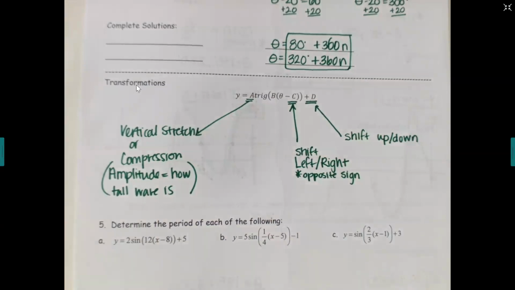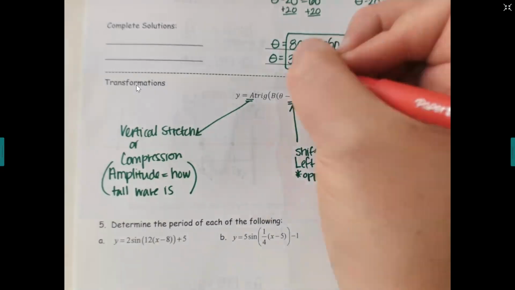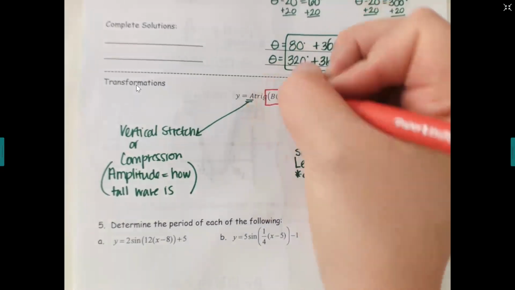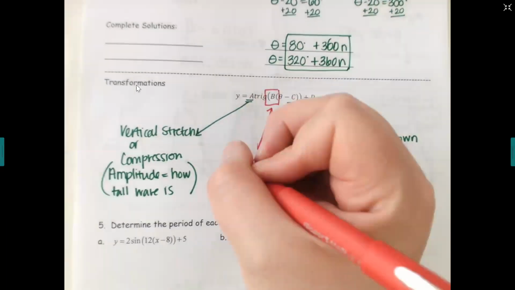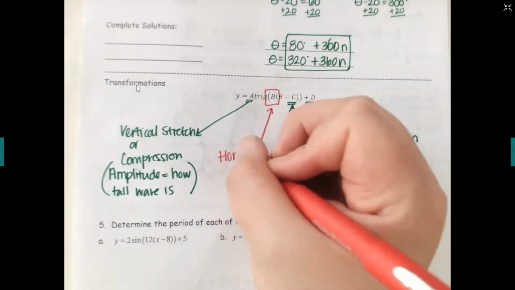The last number that we have to talk about is the one that's important for today. It's the letter B. And B is going to control the horizontal stretch or compression.